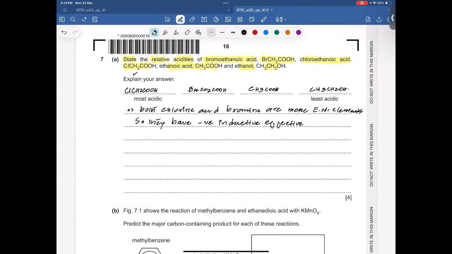This weakens the OH bond, hence ionization is easier. Also stabilizes anion.